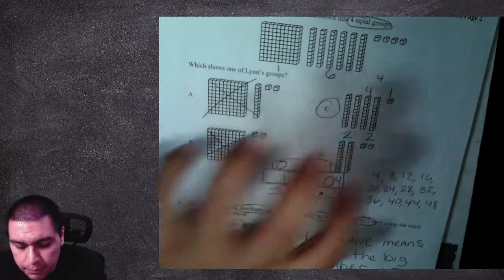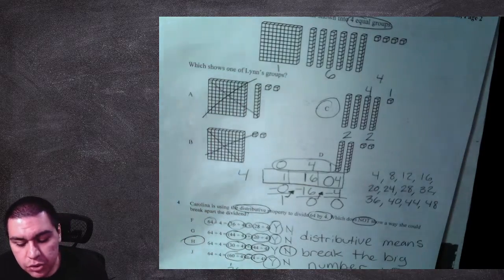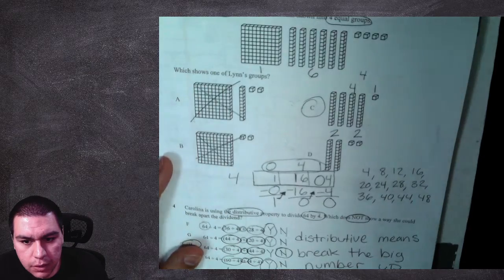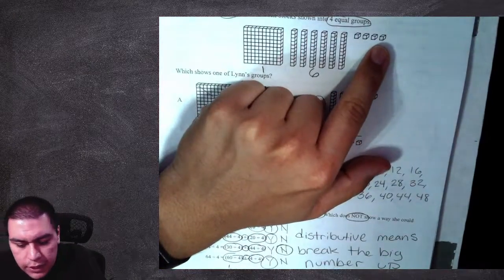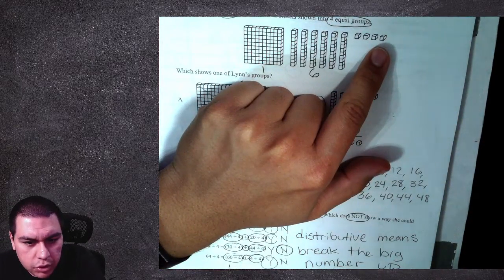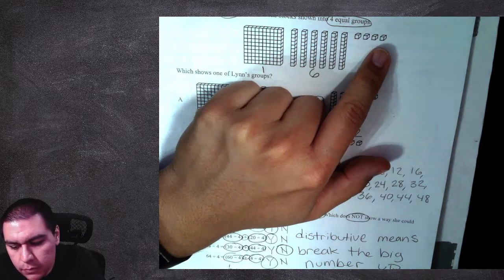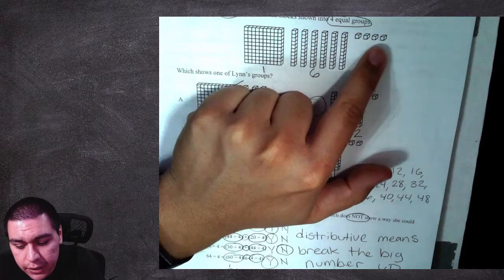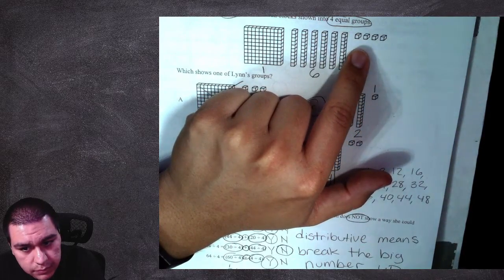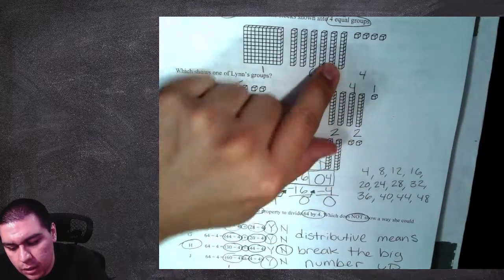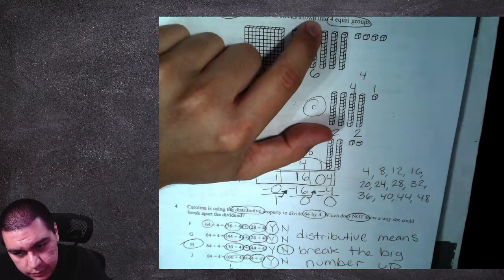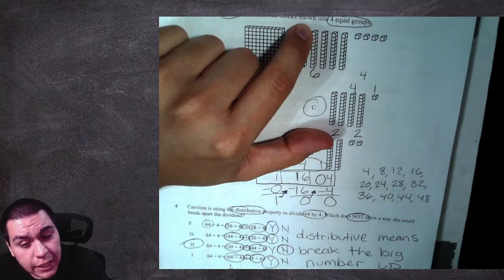So, base 10 blocks are just a way to show numbers, but to show them with pictures. Okay? They use little squares to show us numbers. Your little squares, the ones that are by themselves, that's your ones place. The squares that are stacked up in a line, those are your tens place.